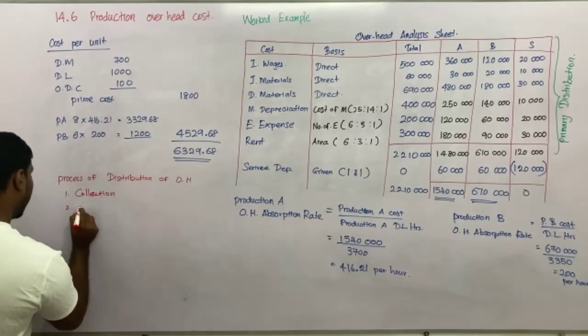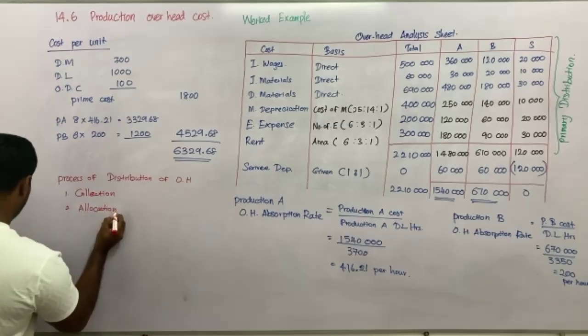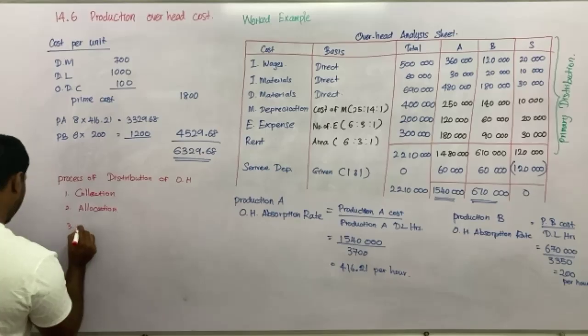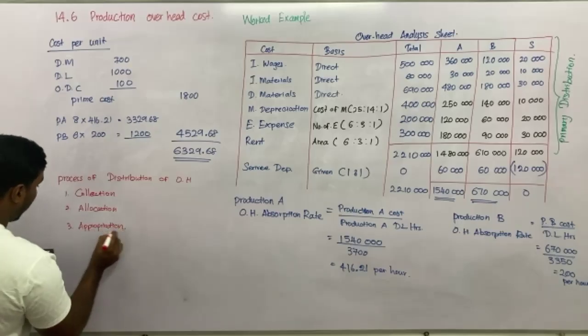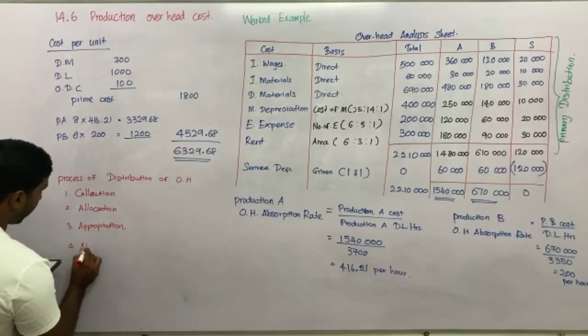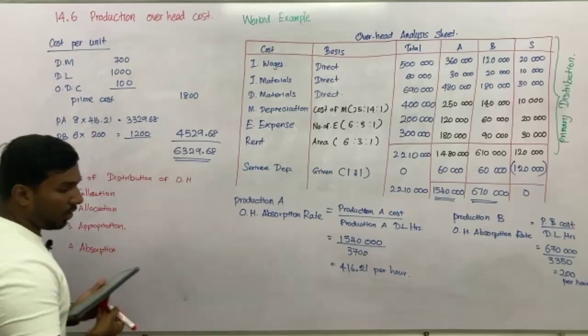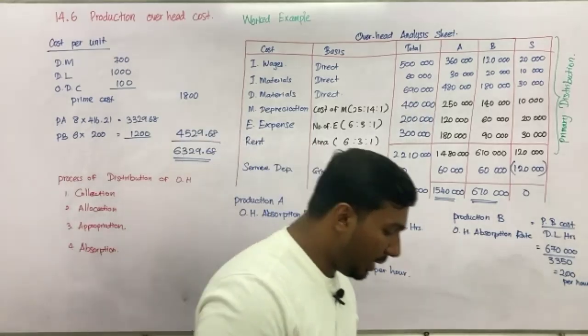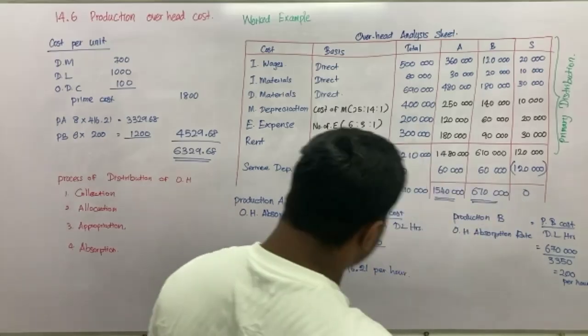Second process, allocation. Third process, appropriation. Fourth process, absorption. So these are the 4 processes included in the overhead distribution process.